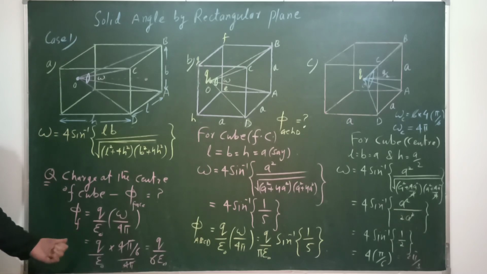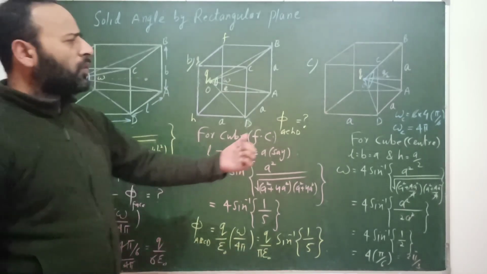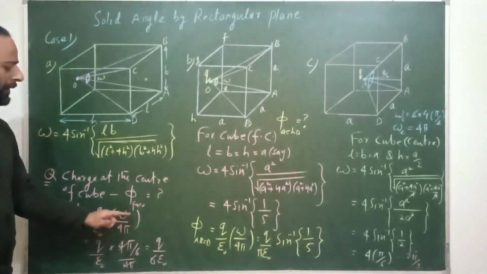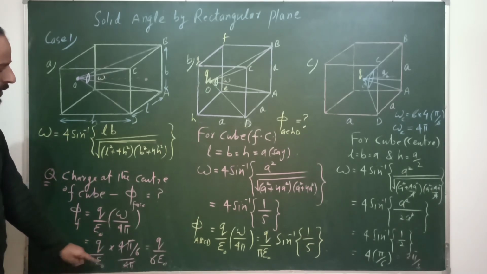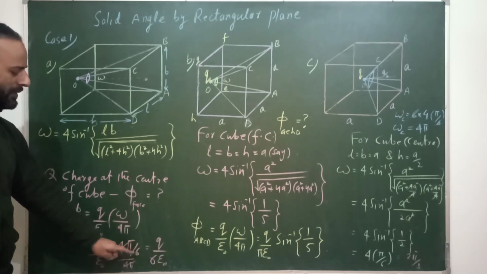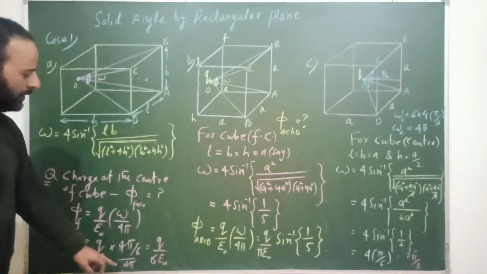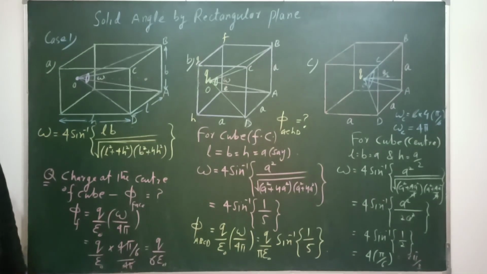So here I have taken a charge. The flux through the face is equal to q divided by epsilon naught, that is the charge here at this point, times the solid angle subtended divided by the total solid angle. So that is q divided by epsilon naught times 4 pi by 6, because we have already calculated this, divided by 4 pi, so that is q divided by 6 epsilon naught.